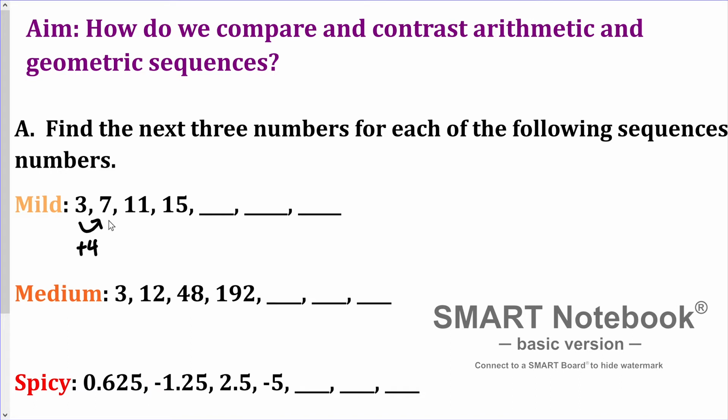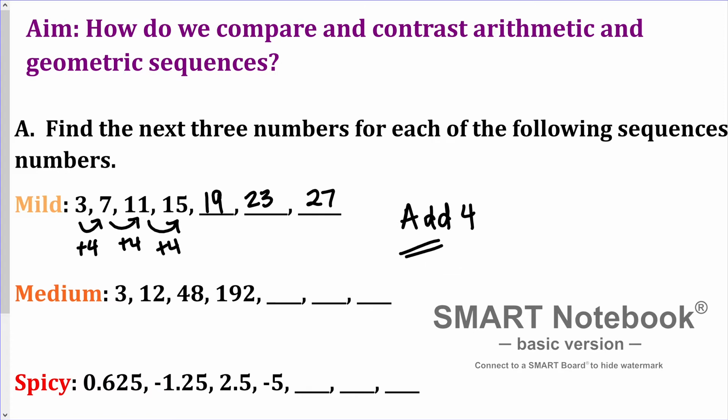Let's see if that stays consistent. 7 plus 4 is 11, great. And then 11 plus 4 is 15. So this pattern is that we're adding 4 each time. So if we keep it going, we would get 19, 23, and then 27.